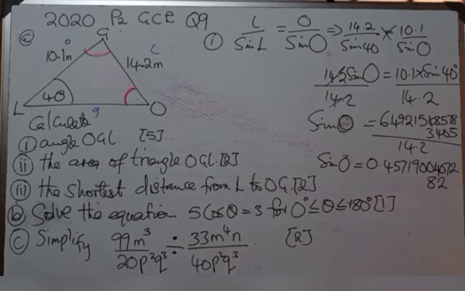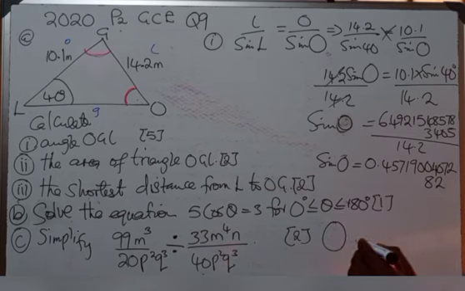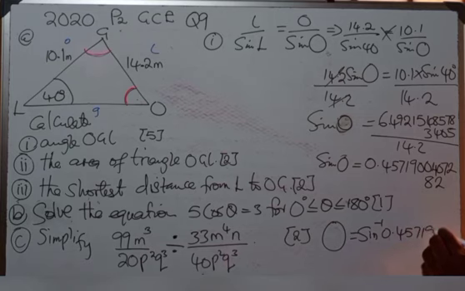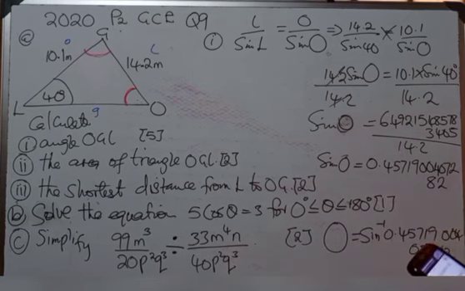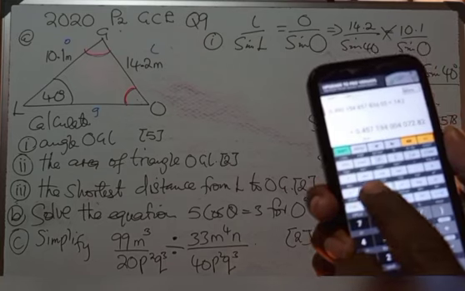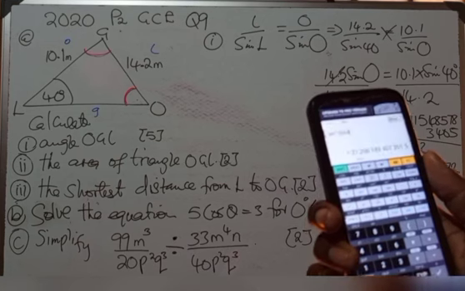Now, in order to find angle O, we say angle O is equal to inverse of sine 0.4571900407282. So we press shift, then sine, then answer.